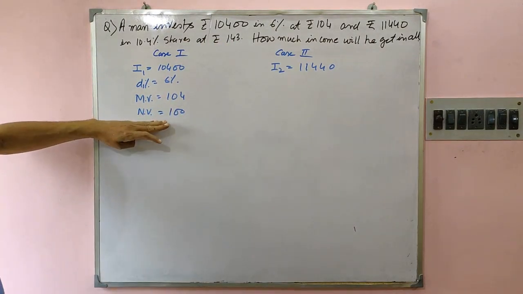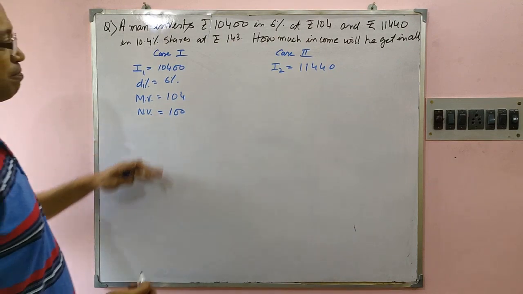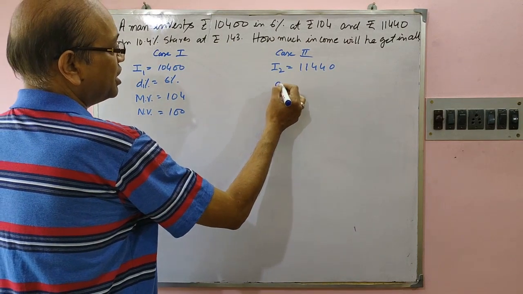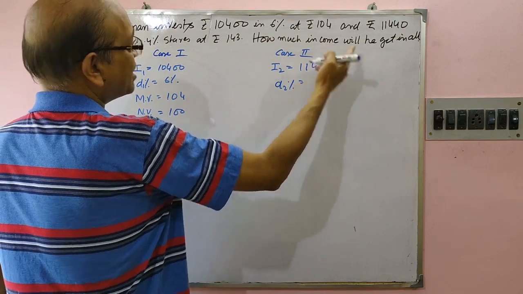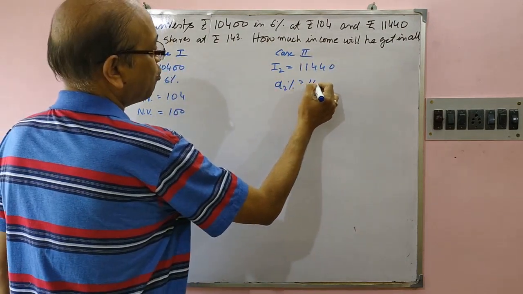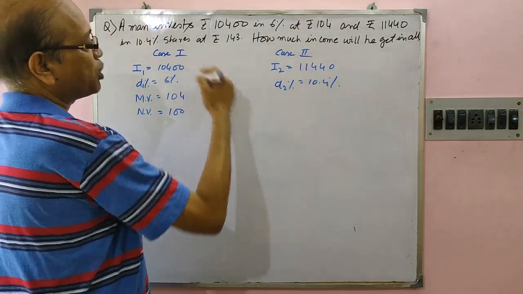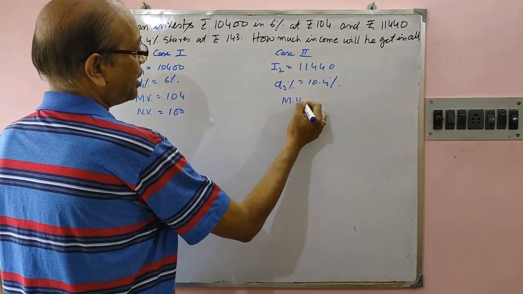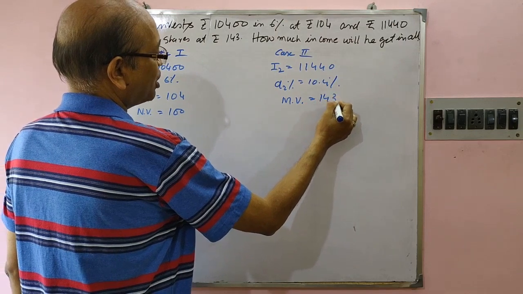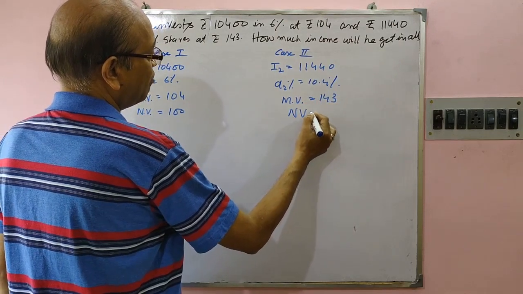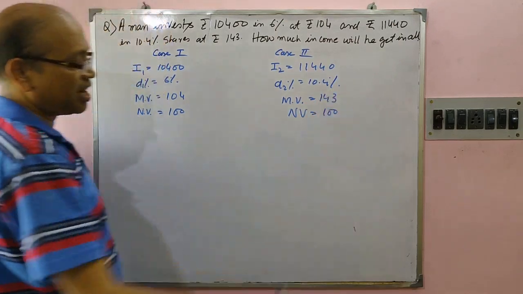We have to assume the nominal value to be 100. Here the D2 percent is 10.4%. At rupees 143, that means market value is 143. Again here nominal value is assumed as 100.